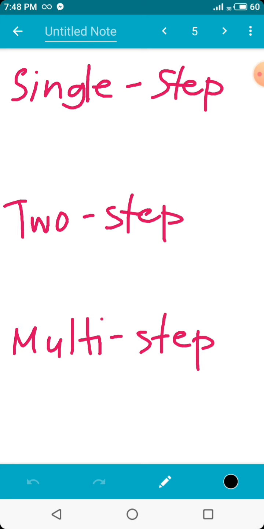Pag sinabi naman natin two-step, from the word itself, ibig sabihin, gumamit tayo ng two steps. So, either gumamit tayo ng addition and division, or subtraction and multiplication. Okay? So, pag sinabi nating 2, 2 na properties yung ginamit natin. So, we'll have different examples later.